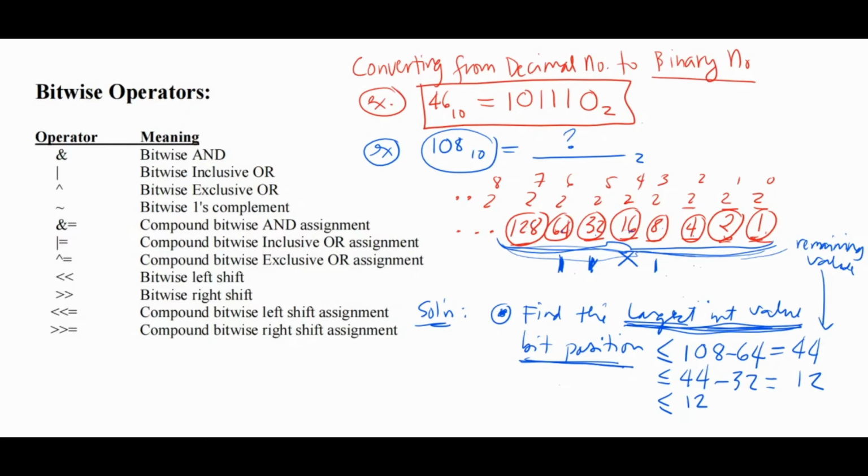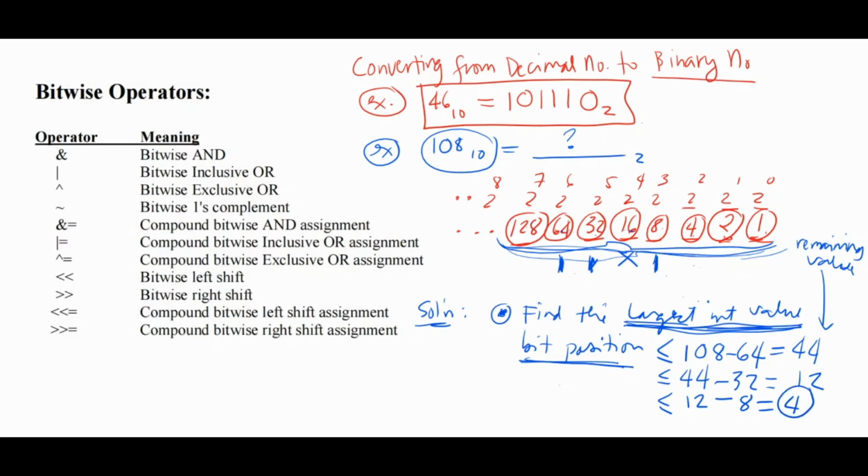So we set that bit position whose integer value is 8 to 1, and subtract that from the remaining value 12. So the new remaining value now is 12 minus 8, it is 4, okay?